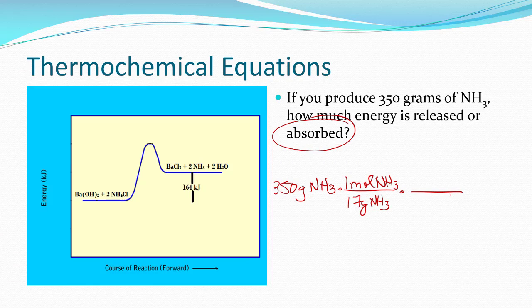And then according to my balanced equation, for every 2 moles of ammonia, I will absorb 164 kilojoules of energy. The grams of ammonia cancel out. The moles of ammonia cancel out. I'll be left with my answer in kilojoules, and I end up with a value of positive 1,688 kilojoules. Now it's your turn to practice.